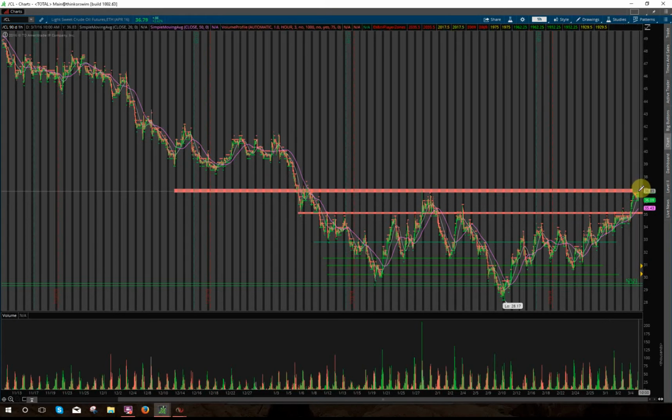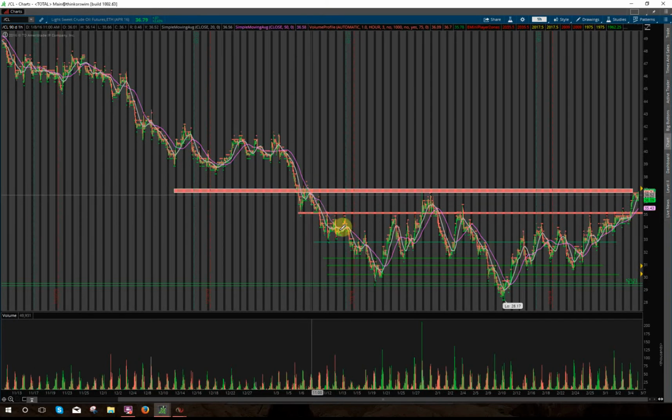As you can see here, there was a little bit of resistance as it popped in this area once and came down into this area back in January and failed to hold and then plummeted all the way down into the 20s. So right in the 30 area. Next area will be in the 40s right here.